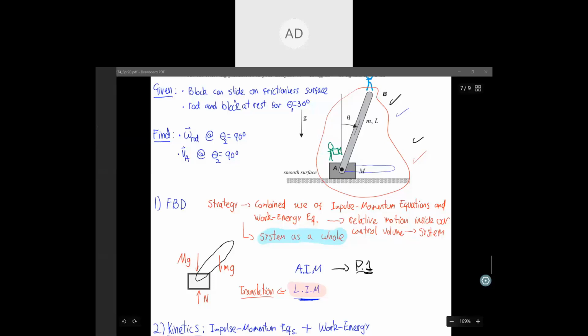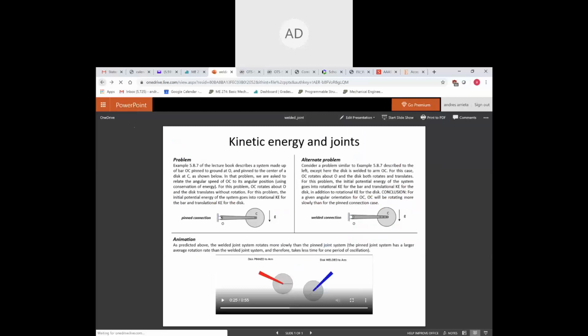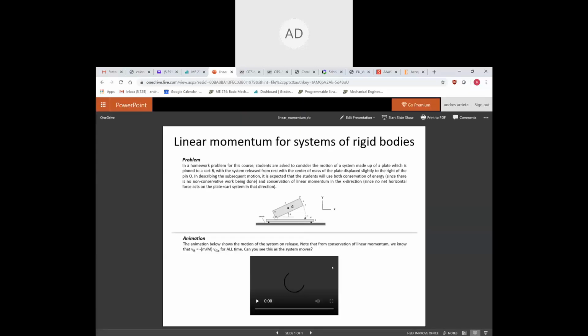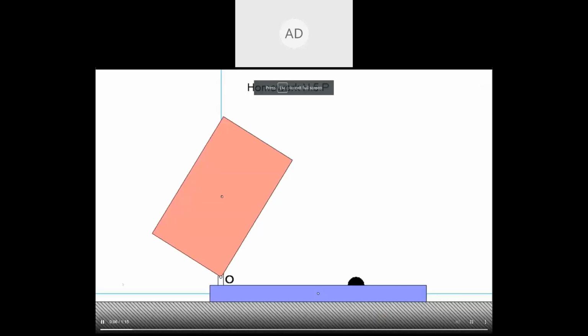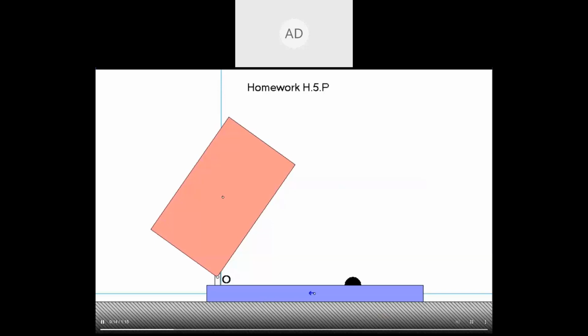So you can see this very nicely with this other simulation here. This is a slightly different problem, but we will see that when this rectangle starts to move, the block below starts to translate.